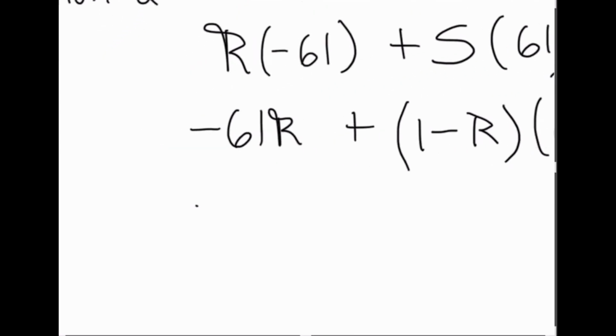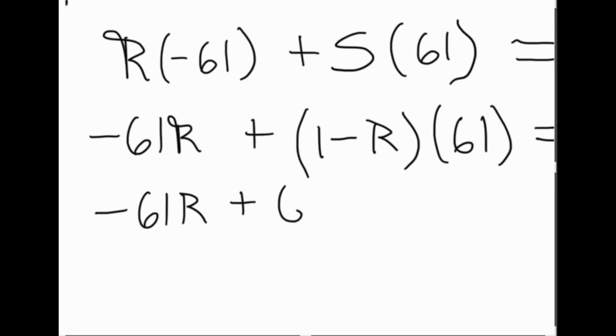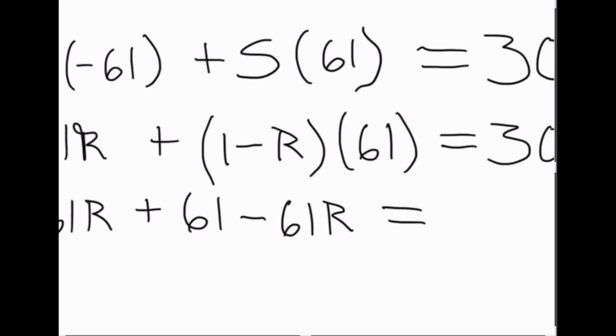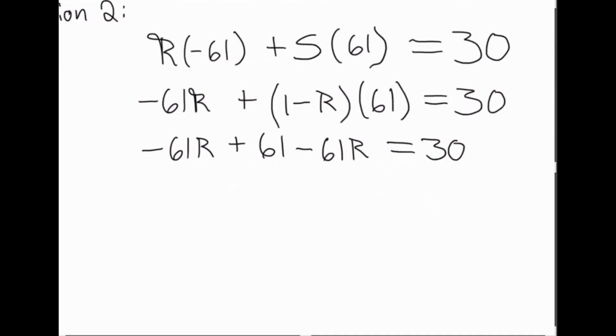Now, if we keep solving it through, negative 61R remains negative 61R, plus, now we times it, 61 minus 61R, equals 30. Now we add these two together.